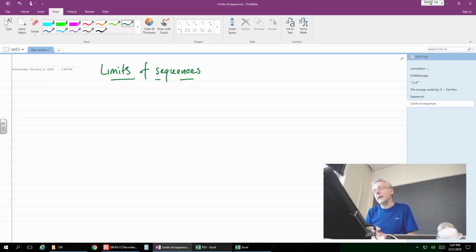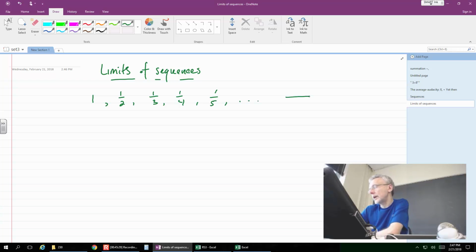The idea we're going to follow is that cutting a piece off the beginning of a sequence, obviously, will not change the limit. If this is my sequence, the limit is 0 as n goes to infinity. What if I start with 1/3?